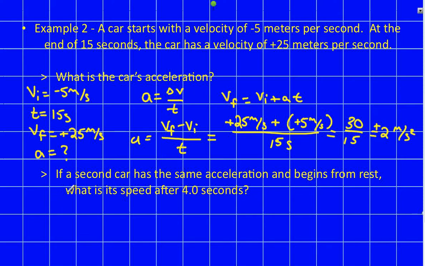If we take a look at the follow-up to that, if a second car has the same acceleration, so the acceleration is a positive 2 meters per second squared, we want to know what its final speed is if it begins at rest. If you see something say it begins at rest, that tells us the initial velocity is 0, and we want to know how fast it will be going.